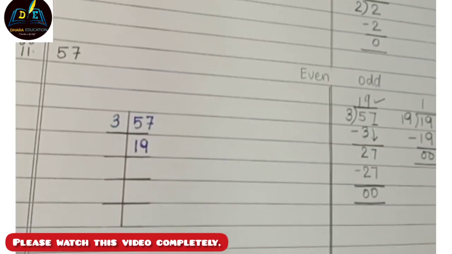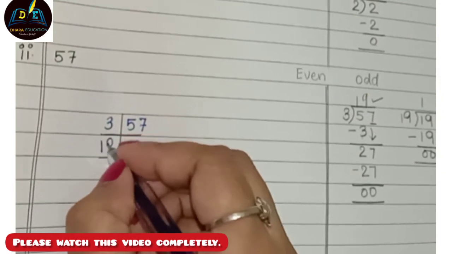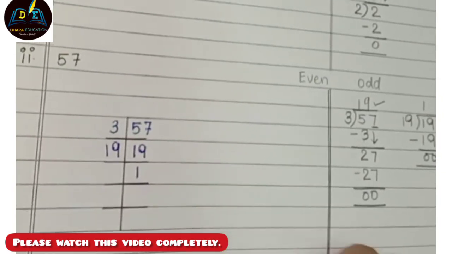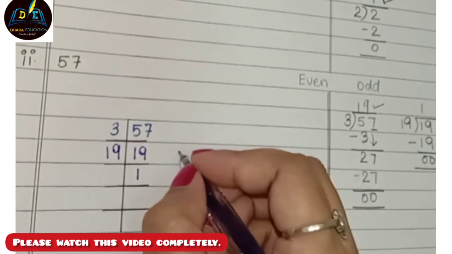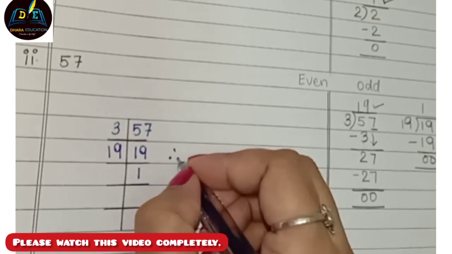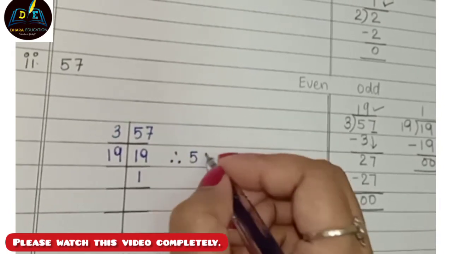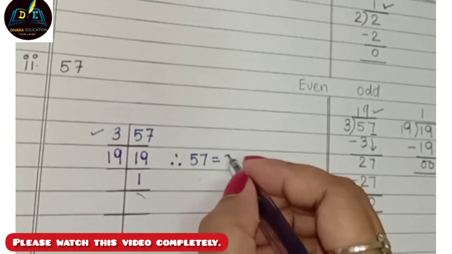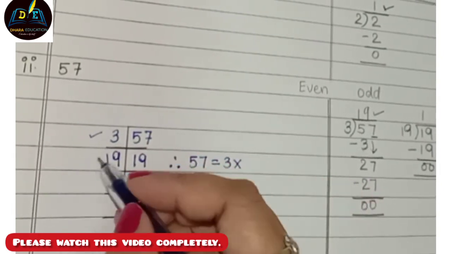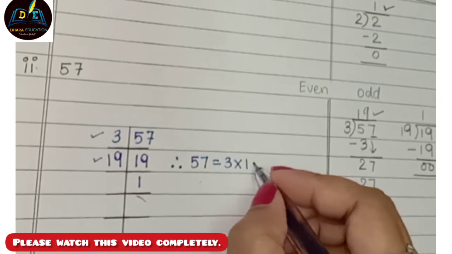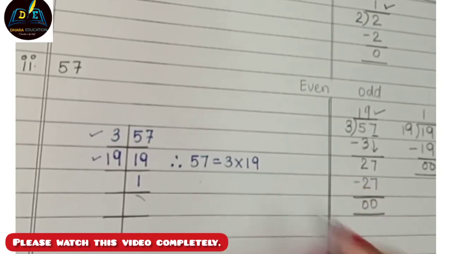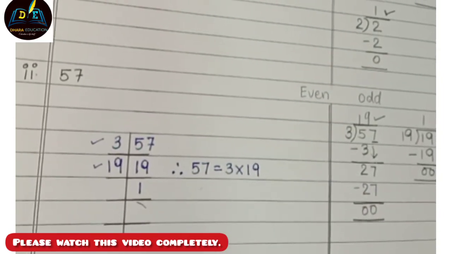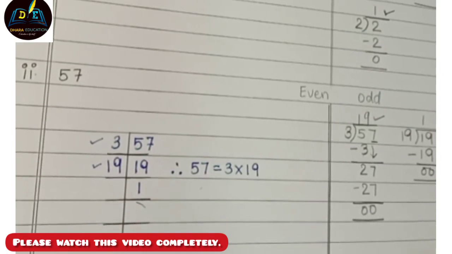So here I am going to write 19 divided by 19, we are getting 1. So henceforth 57 is equal to 3 multiplied by 19. So 19 threes are 57. So this is your proper answer.